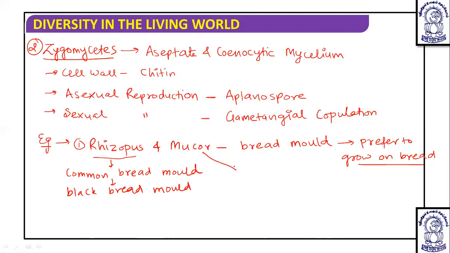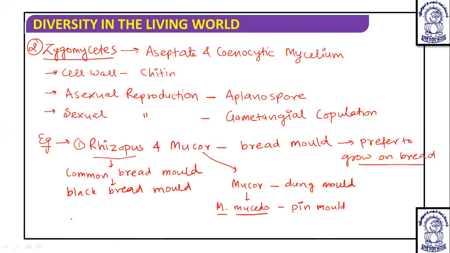One species of Mucor is also there, and Mucor is also known as dung mold. In that, one species is Mucor mucedo, that is known as pin mold. We remember it is not pink, it is pin mold.